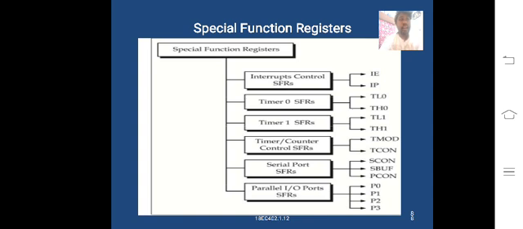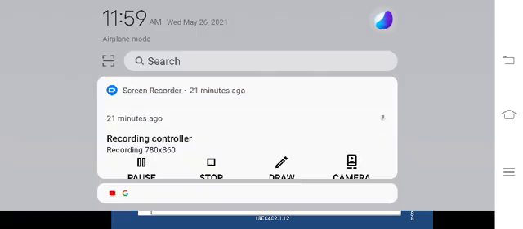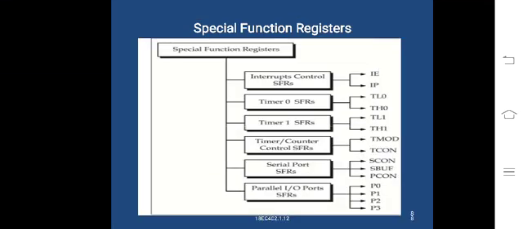The timer and counter control special function registers are the TMOD and TCON registers.